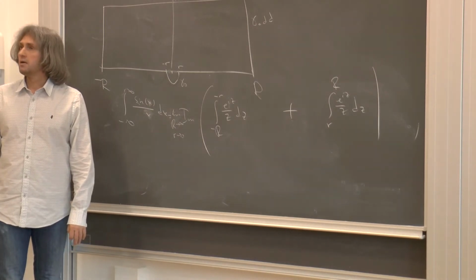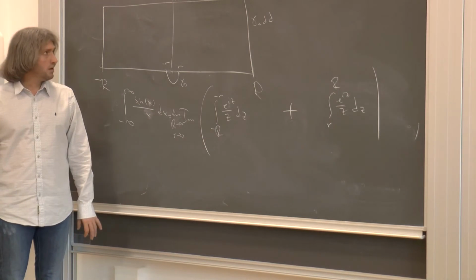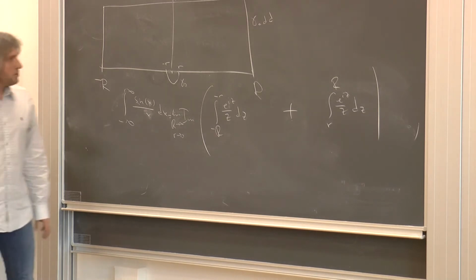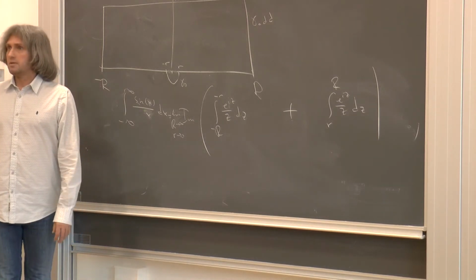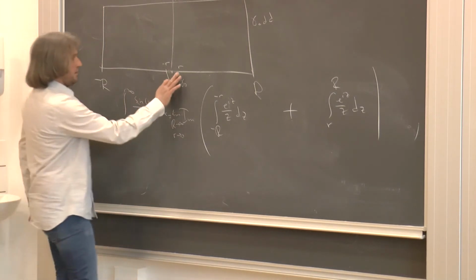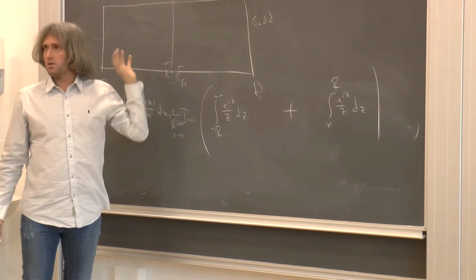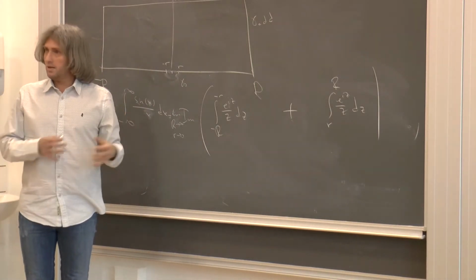What is wrong with choosing the upper small circle instead of the other one? So, I mean, you'll simply get 0. Yeah, and why is it not valid? Because it is still a closed curve, right? I mean, your estimate for this integral will be 0. You get 0 equals 0.